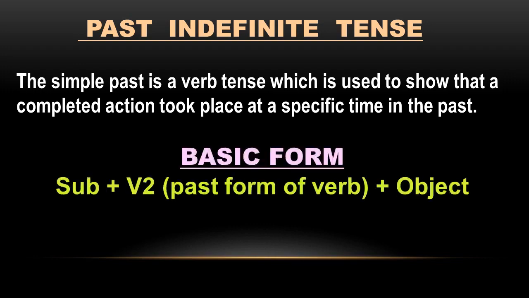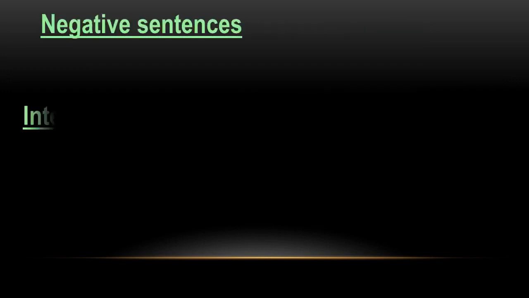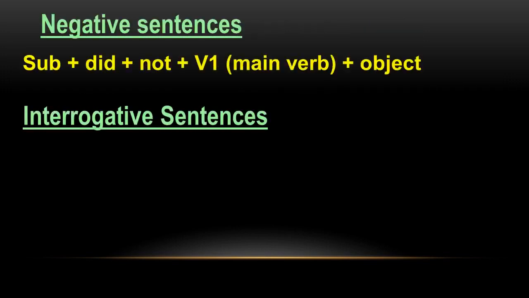Its basic form is subject plus second form of the verb, that is, past form of verb, plus object. For negative sentences, subject plus auxiliary did is used. In simple present tense, we have used do or does. In simple past tense, did plus not plus first form of the verb plus object.